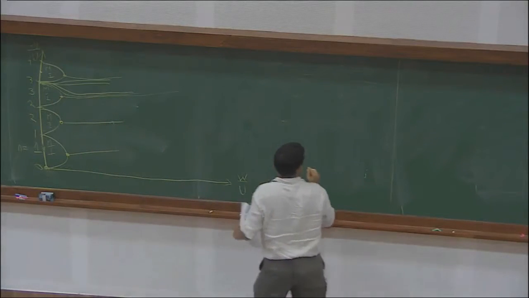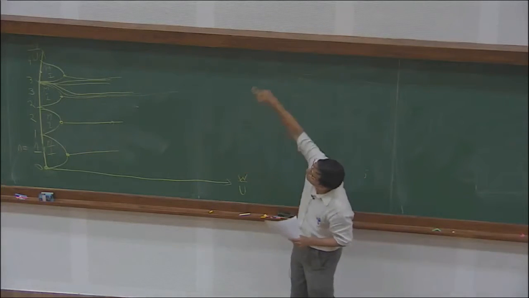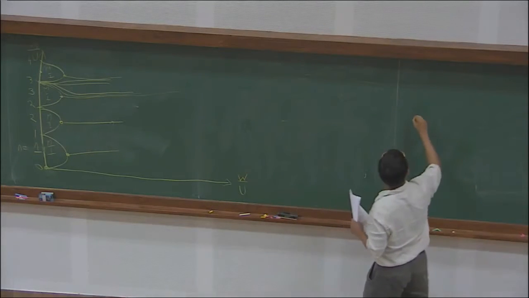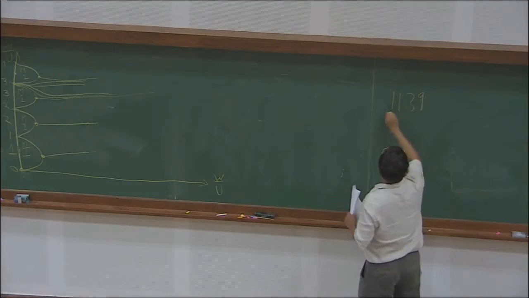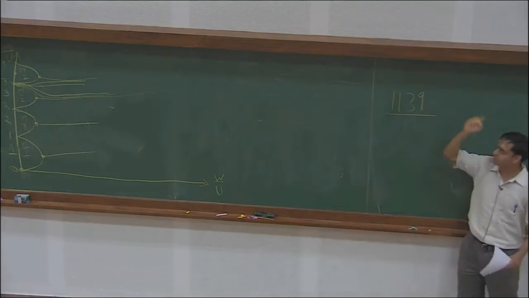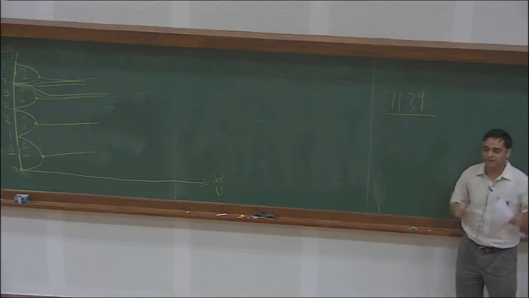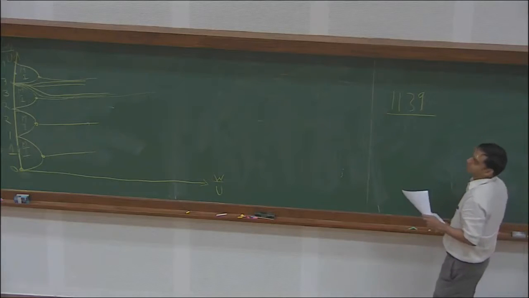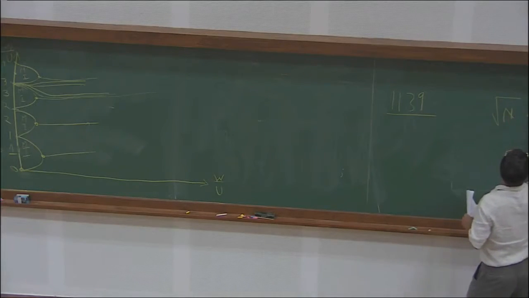Now I don't want to work with 3 actually, 3 is a bad example. I ran out of vertical space, but I want to work with, I don't know, 1139. I just picked the number out of the air. Big number. Point is, I want to work with a number that's fairly large, large enough that square root of n is significantly smaller than n.